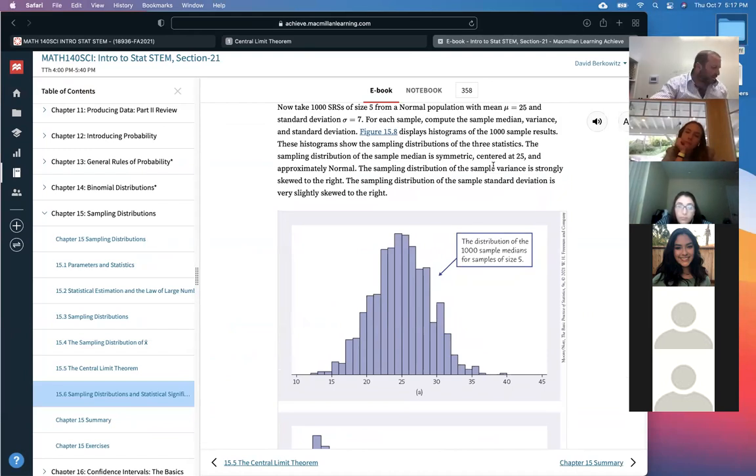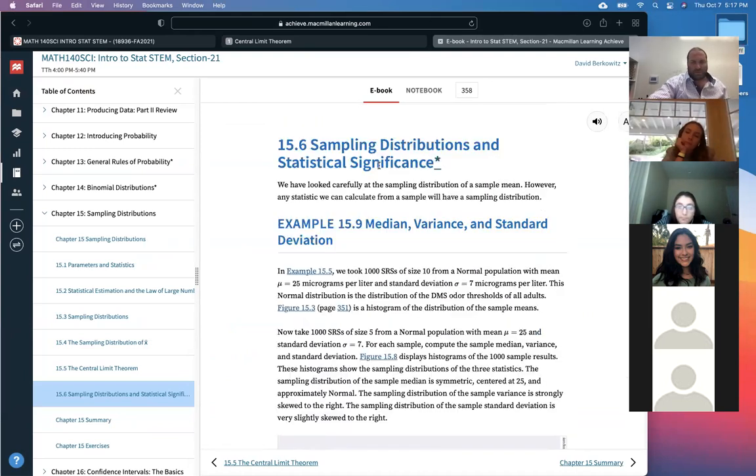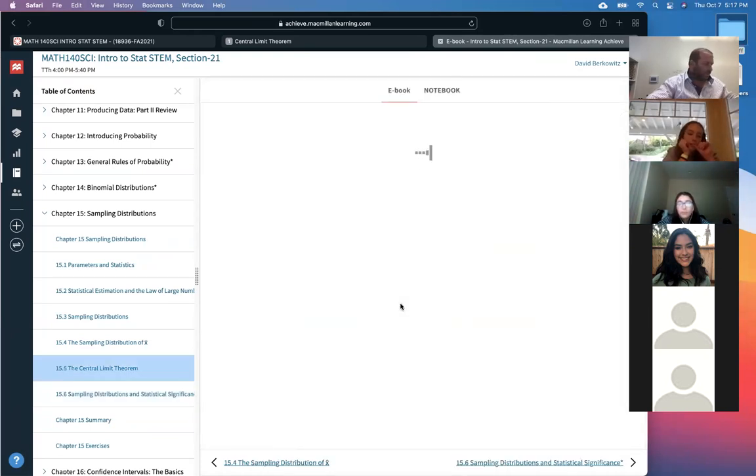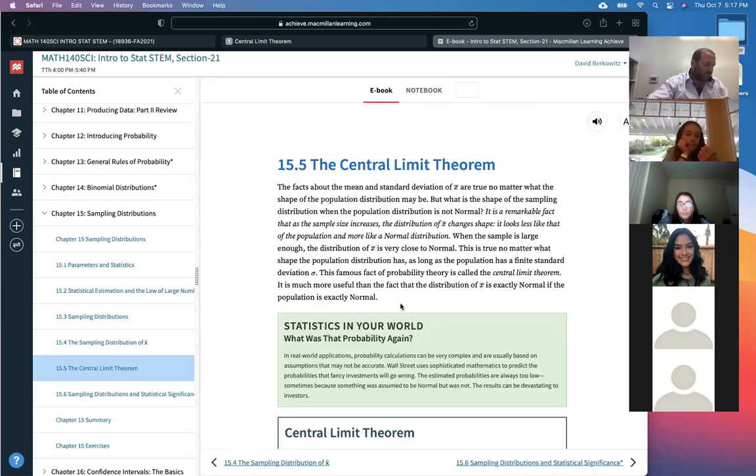Well, that's at size 5. Oh, okay. So my bad. 1 second. 15.5. They reference, 1 second. It says here in example 15.5.